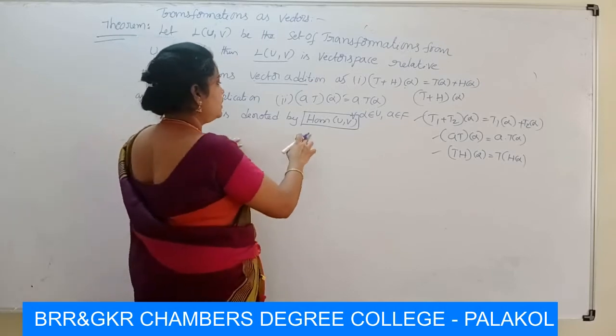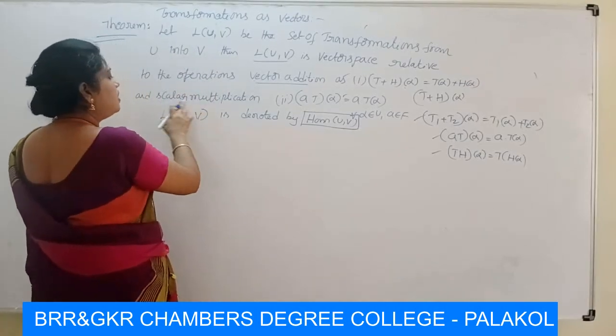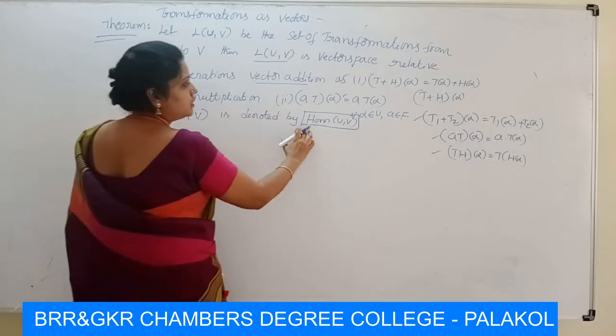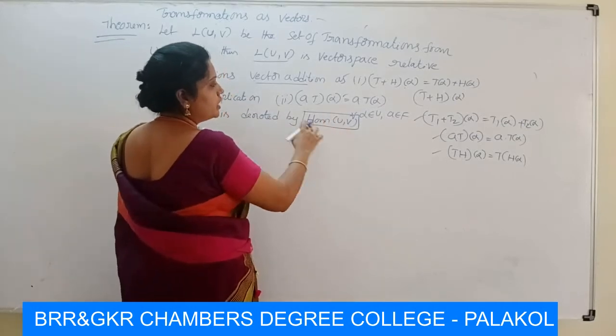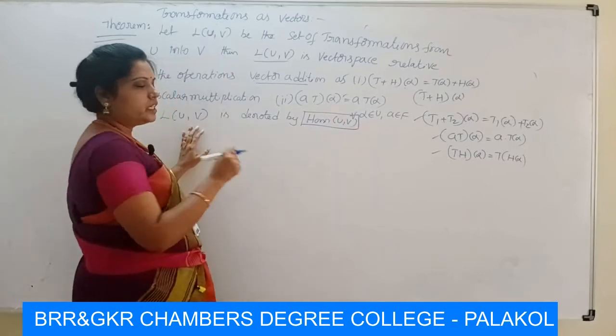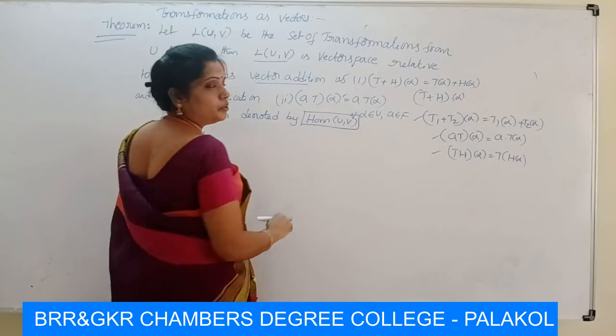So here these are the set of all linear transformations from U to V. This is also denoted as HOM of U comma V. We read it as homomorphisms from U to V.